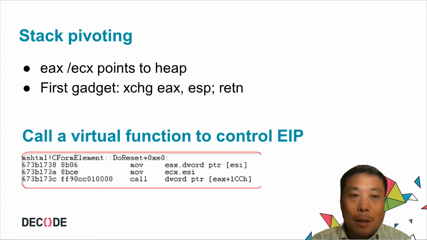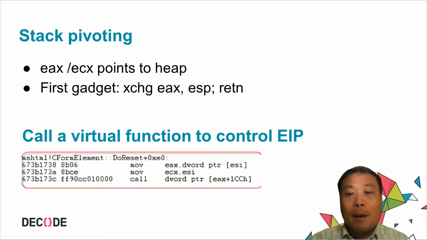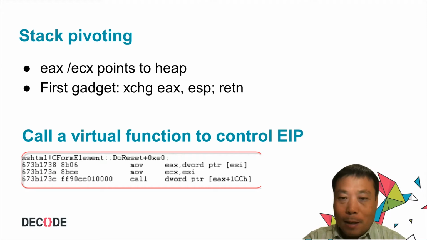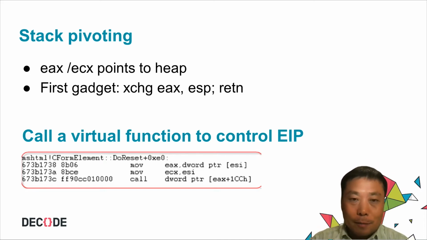And once we exchange EAX with ESP, the stack will go to our controlled heap. And from there, with the ROP gadgets, we make a function call and change the heap to executable and run our shellcode.